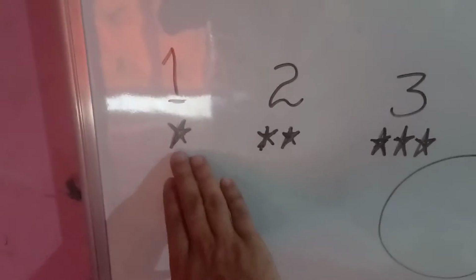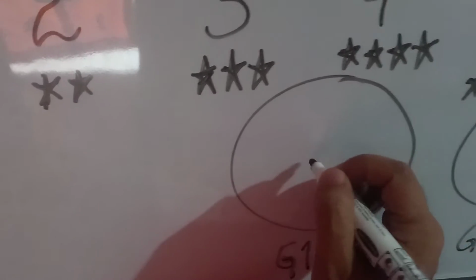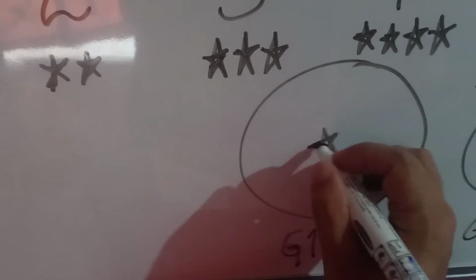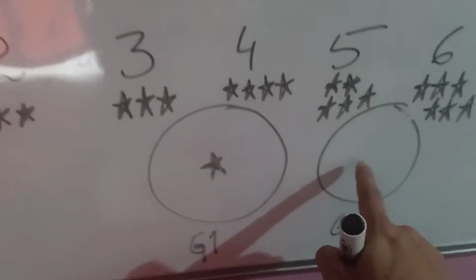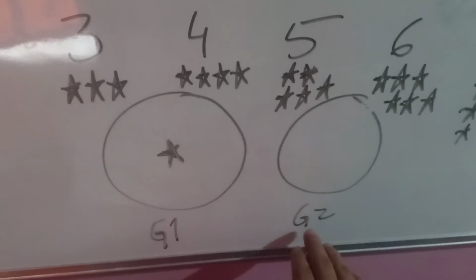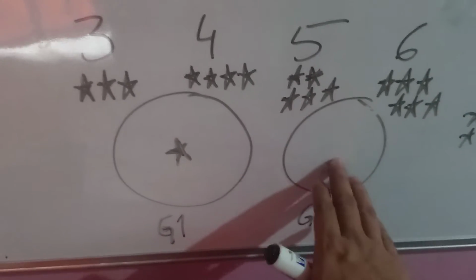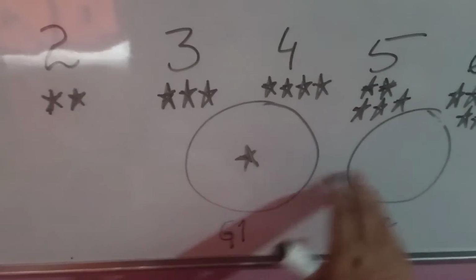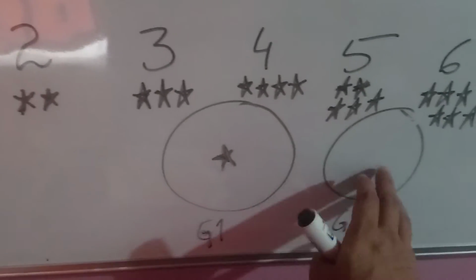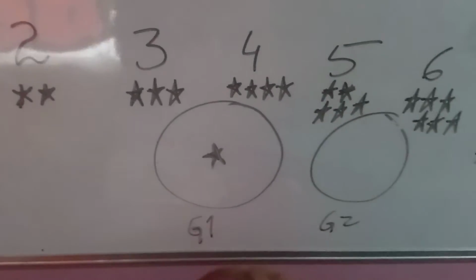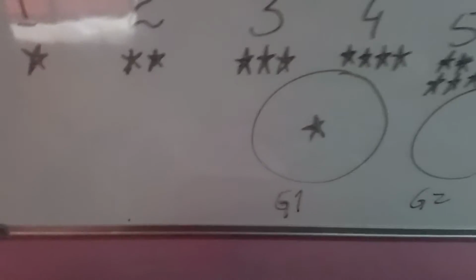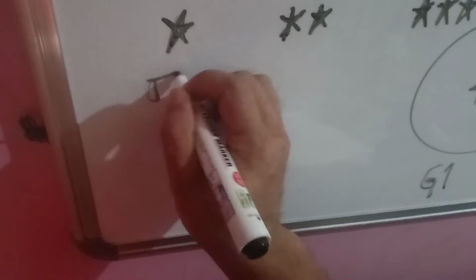Let's take number 1. There is only one star, so we write 1 star in group 1, but in group 2 we don't have any stars. So this number cannot be divided into two equal groups. That means it is an odd number.